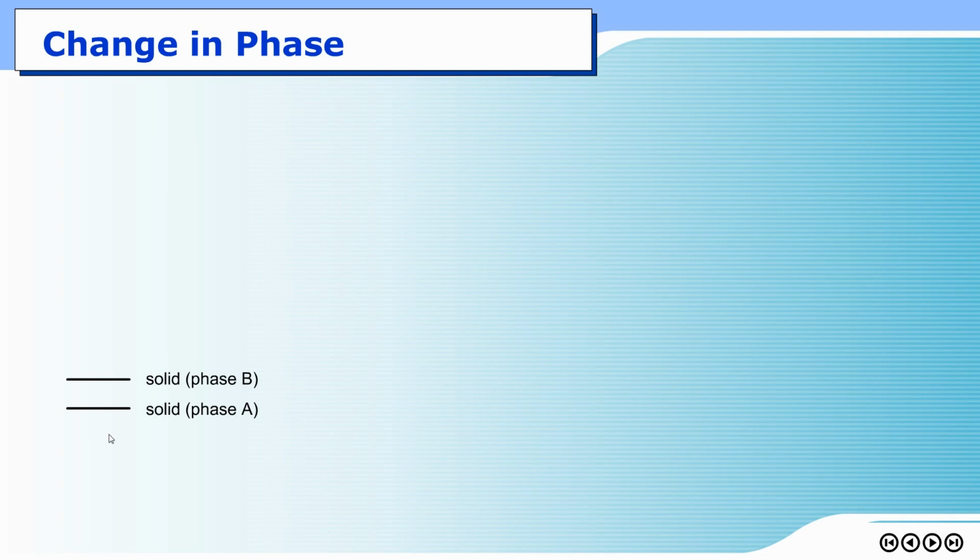If the transition takes place under constant pressure, then the amount of energy provided, or what we call heat, can be equal to the change in enthalpy. I would like to use these two black lines to represent the enthalpy levels of these two phases. So changing from one phase to another requires an enthalpy change, and this enthalpy change under constant pressure would equal the amount of heat required.